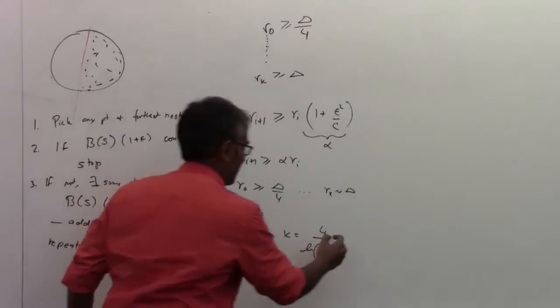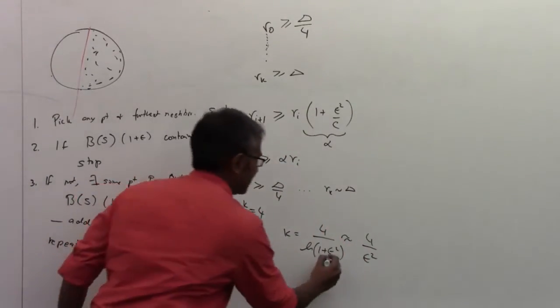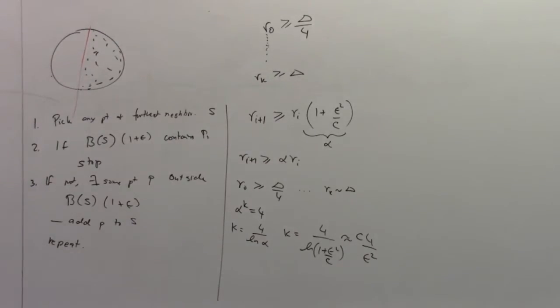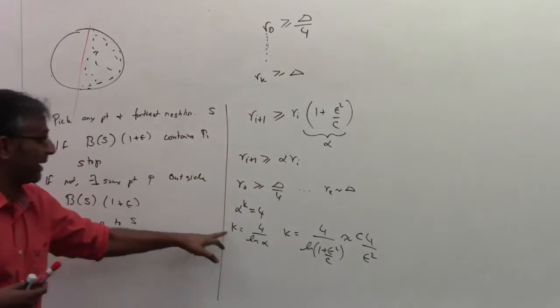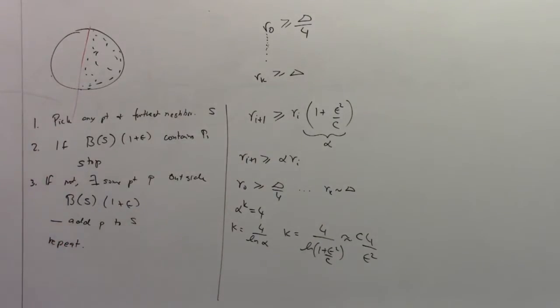So this is roughly 4 divided by epsilon squared, for small epsilon. So in other words, as long as we can prove that the radii increase rapidly enough, you get a bound of O(1 over epsilon squared), which is exactly the promise that we made.